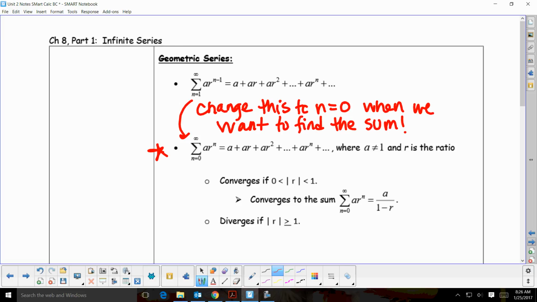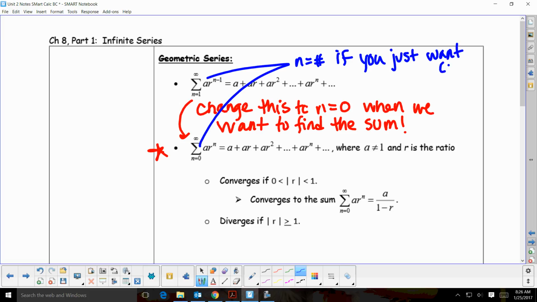Now, if we're just looking for convergence or divergence, either one is fine. Here, n can equal any number if you just want to converge or diverge.